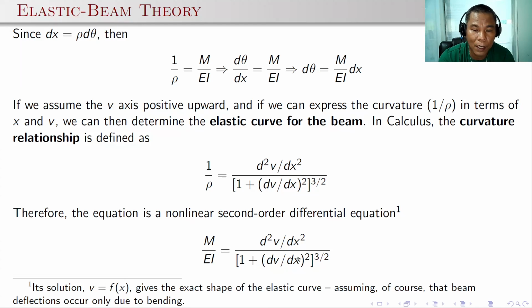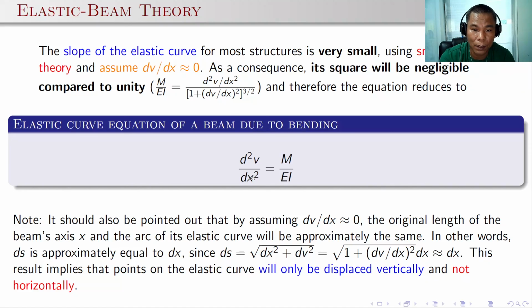Then the remaining denominator will be 1. Then the whole right hand side portion of the equation is d square v over dx square. This is the elastic curve equation of a beam due to bending. D square v over dx square is equal to M over EI. So here, the result implies that the points on the elastic curve will only be displaced vertically and not horizontally.